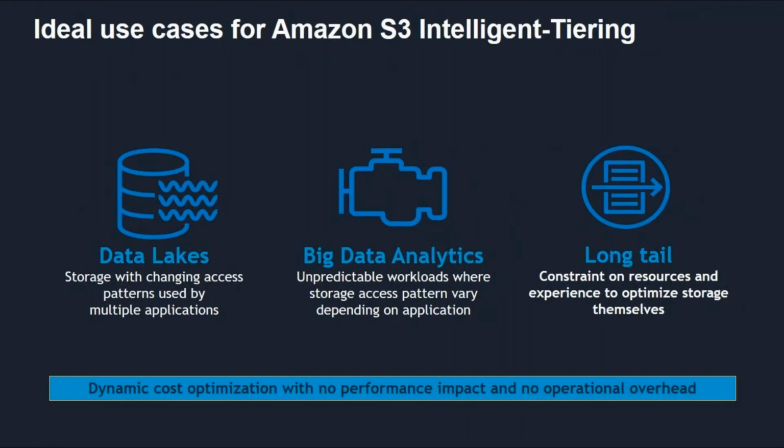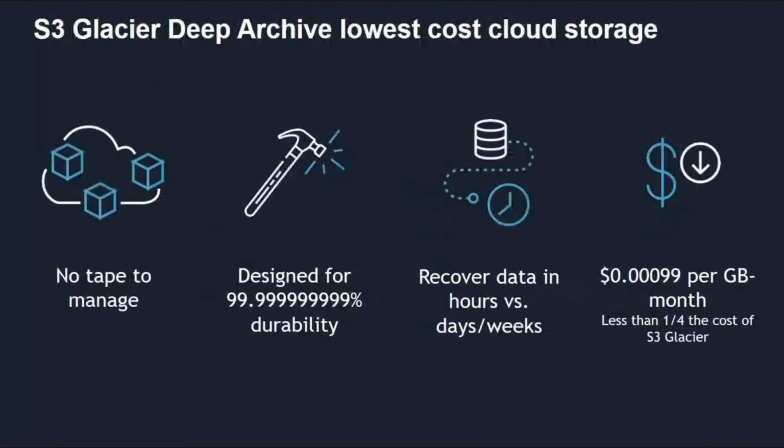Of course, intelligent tiering is one part of our savings, but the leverage of S3 in the Glacier Deep Archive class is absolutely one of the best ways to save money right away. This is designed for the same level of durability, those 11 nines, that allow you to get to your data as you seek it asynchronously. So this is over hours versus something like a tape-based recovery that might take you days or weeks.